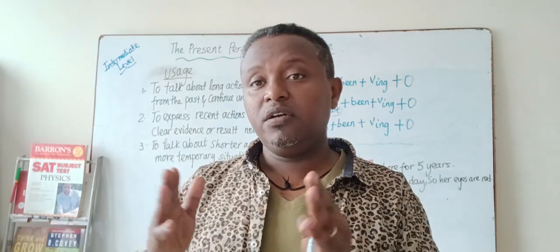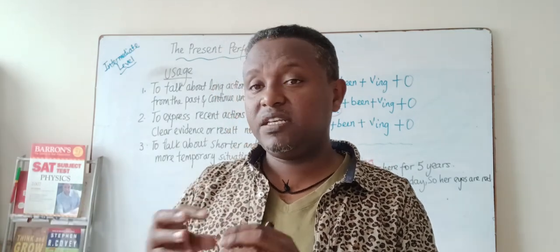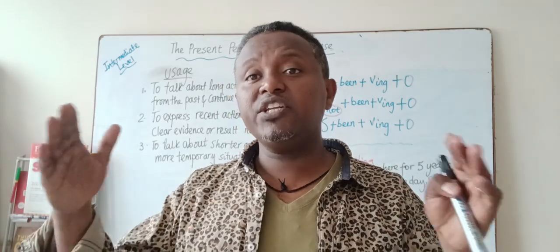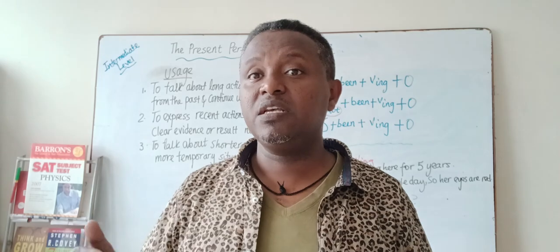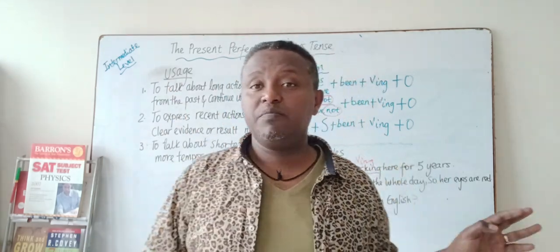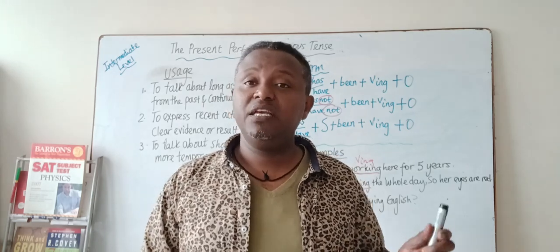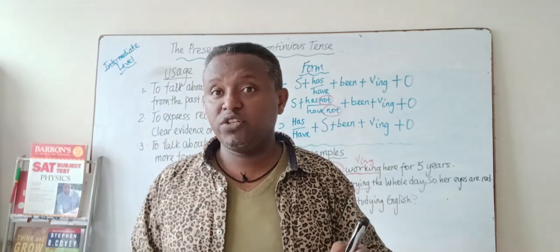So in the present perfect, the effect is clearly stated, and in the present perfect continuous, the duration that we want to emphasize is expressed. So generally we use both the present perfect and the present perfect continuous to talk about actions that started in the past and have a connection with now.